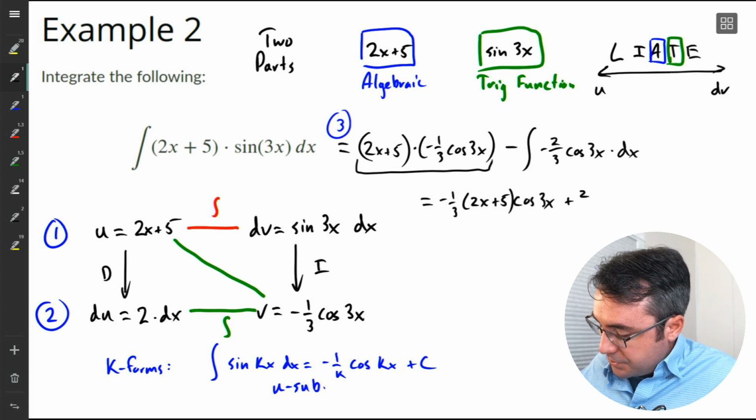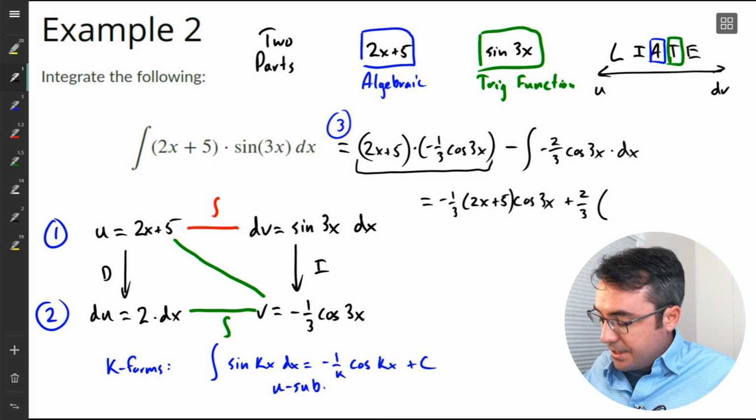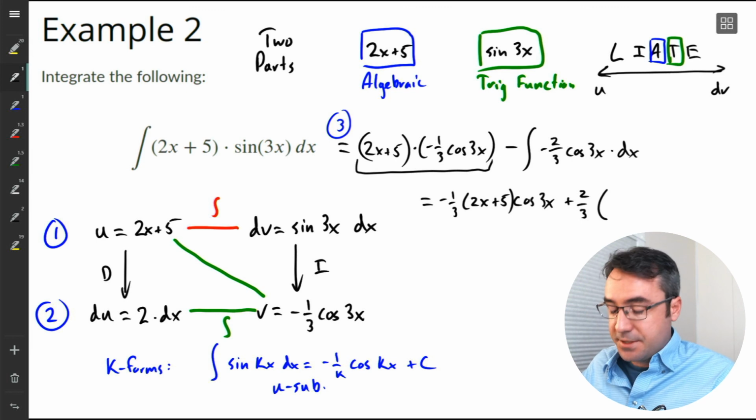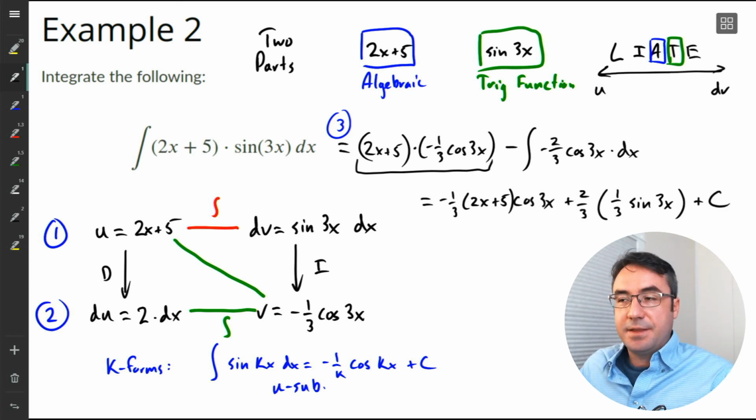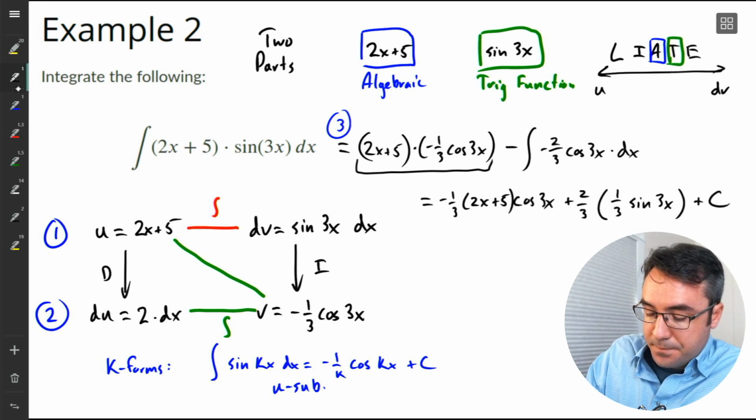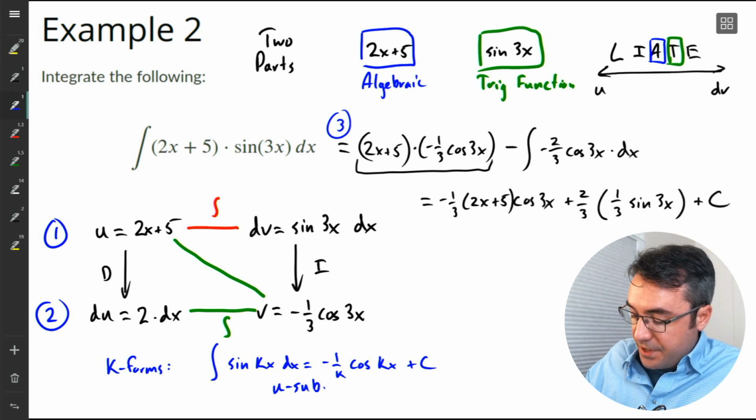So we're going to get plus 2/3, and then the antiderivative of cosine 3x is 1/3 sine of 3x. And then we put our plus c at the end. So that's step 4. Finish the integration.